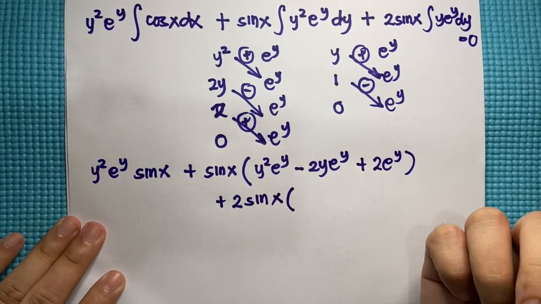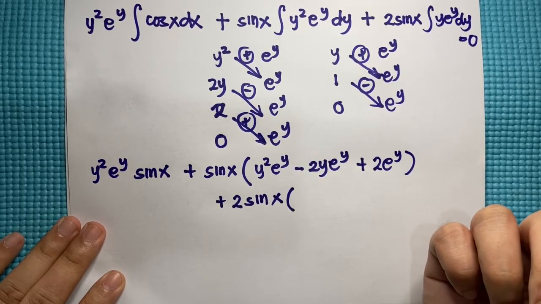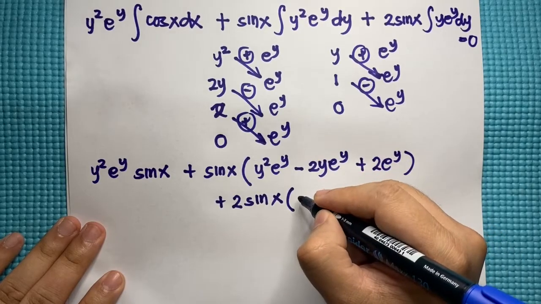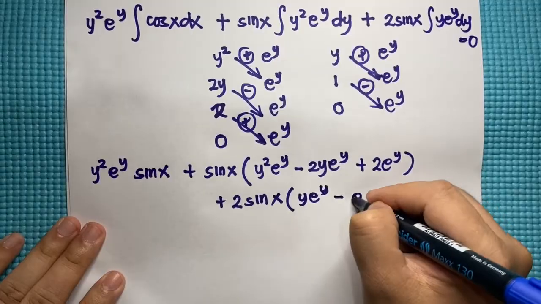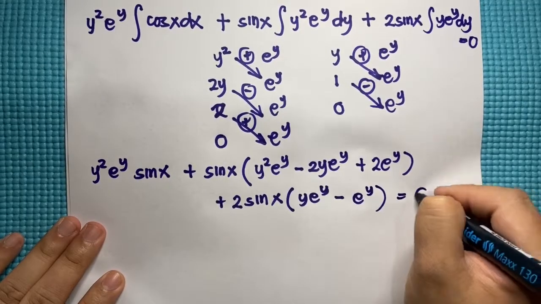The integral of y e^y would be y e raised to y minus e^y, that is equal to c.